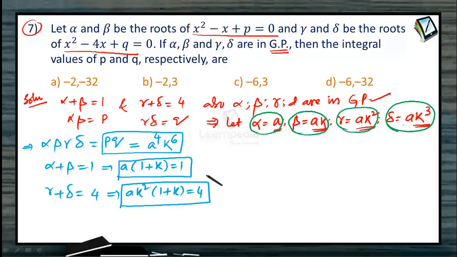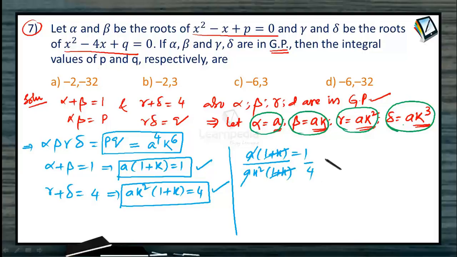Now if I compare these two equations, a(1 plus k) equals 1 and ak²(1 plus k) equals 4. Here a and 1 plus k cancel, which implies k² equals 4. Therefore k is either plus or minus 2.